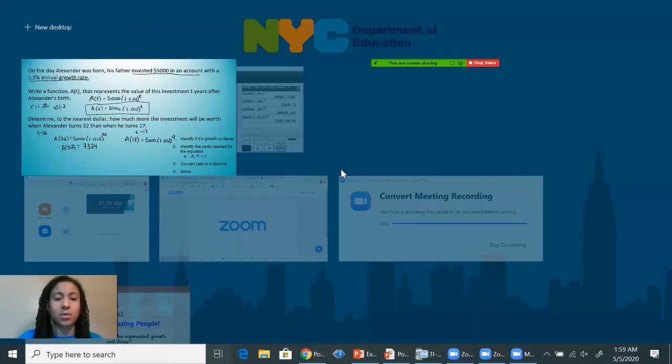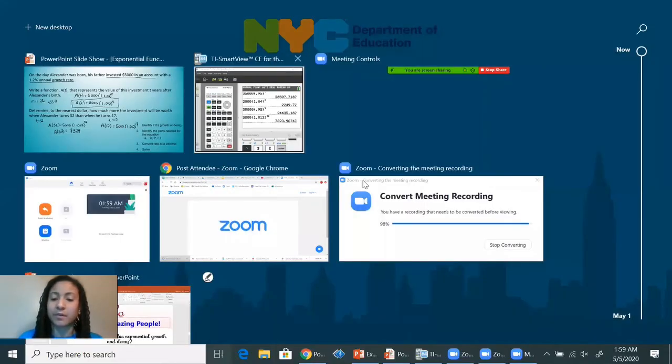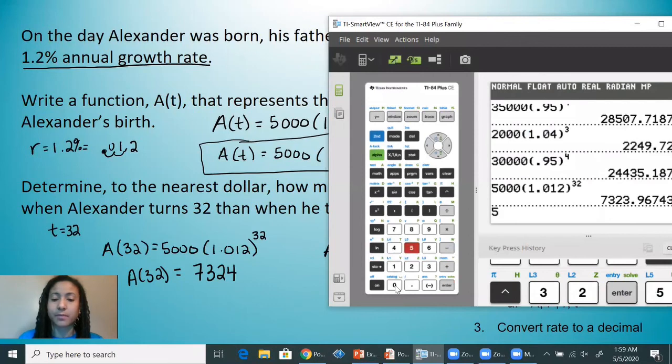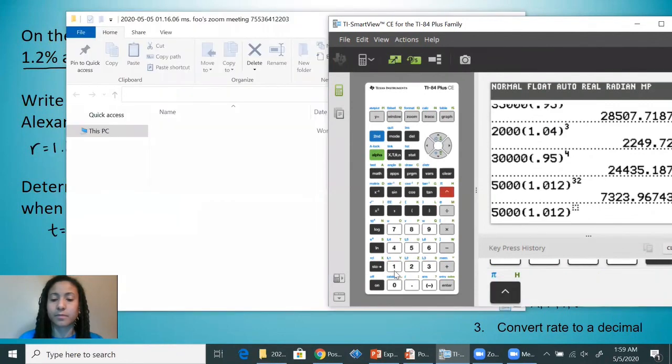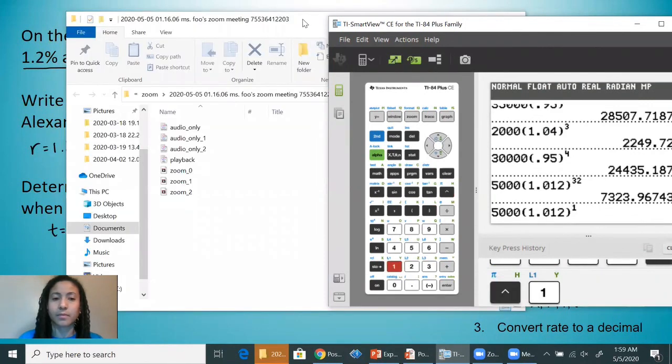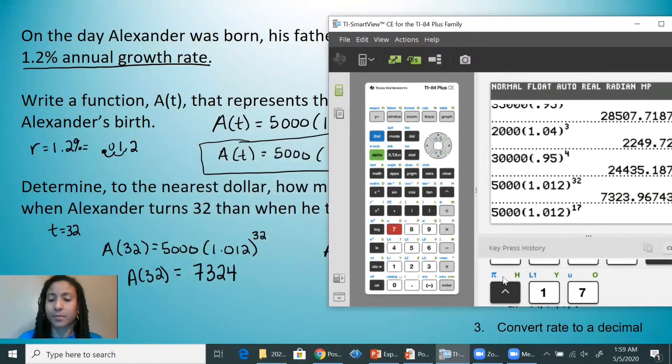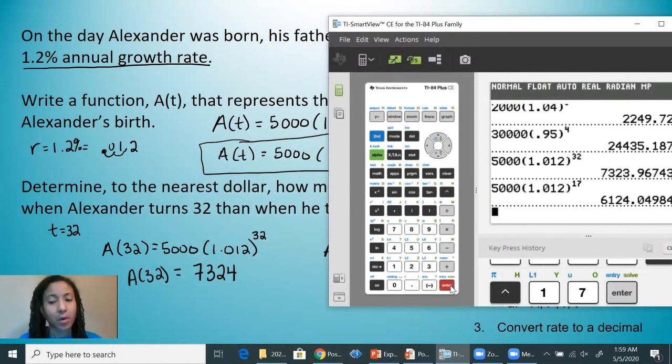So once again, we're going to go into our calculator, but instead of 32, we'll use 17. Okay. And we have 6124.04984.